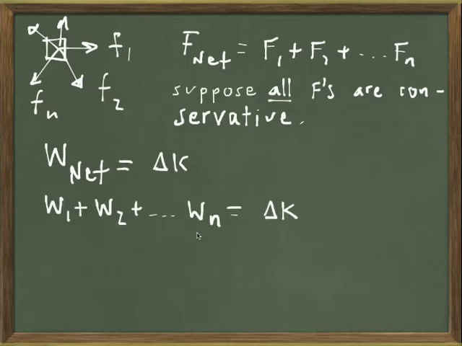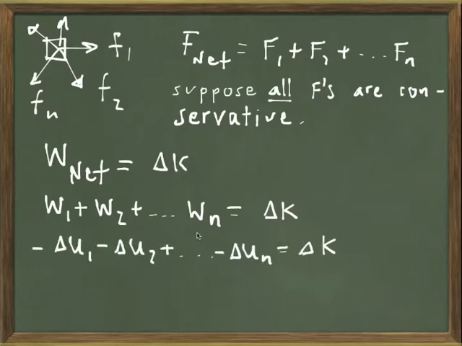well, we'll break it up into the pieces that correspond to each force. This will be the work done by force 1, the work done by force 2, and so on, right? But if those forces are conservative, then there's something else I can do here. I can replace the work done by those forces by the change in the potential energy associated with them. We just said that, right?